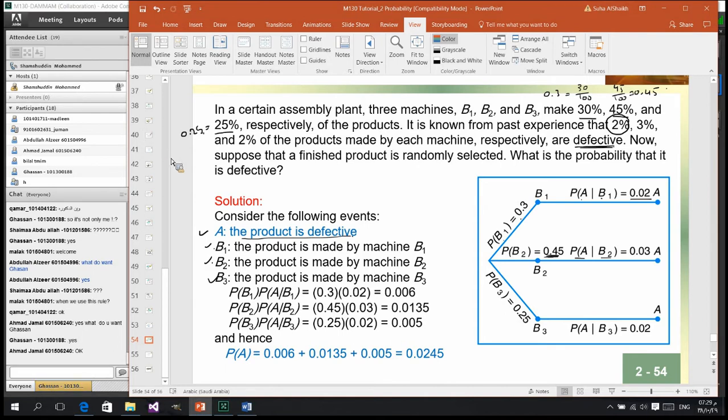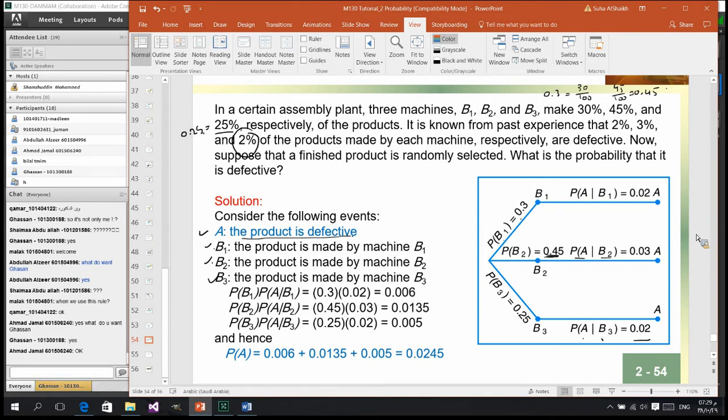From machine 2 defective, it is 3%. From machine 3 defective, it is 0.02. So those are all the probabilities and all the numbers that we need.